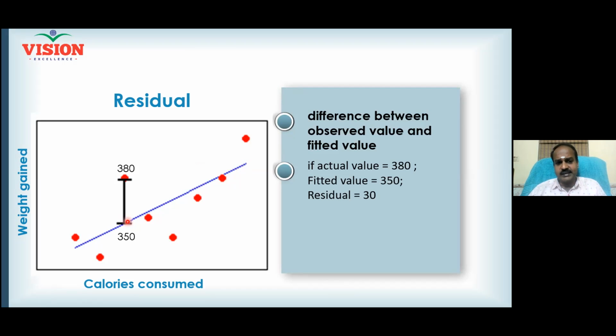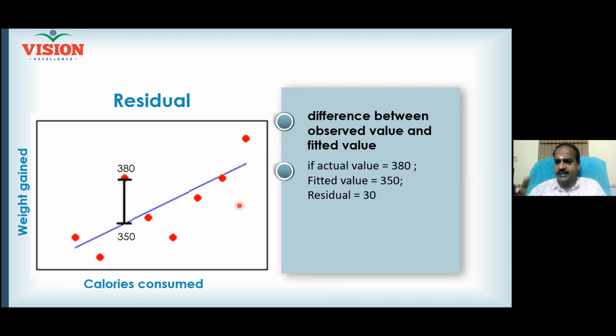and that error is because of the deviation. So every point has got some deviation, am I right? Every point has got some deviation, and the average of the deviation is nothing but the standard deviation.